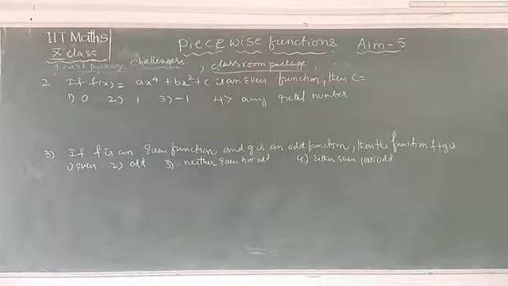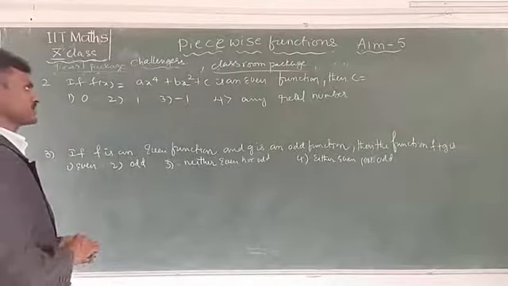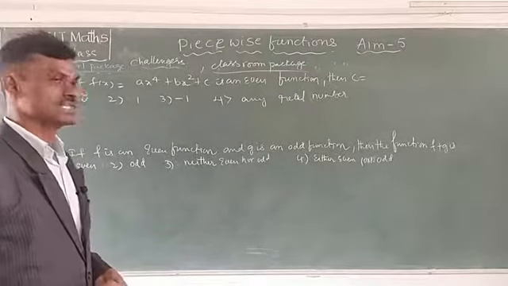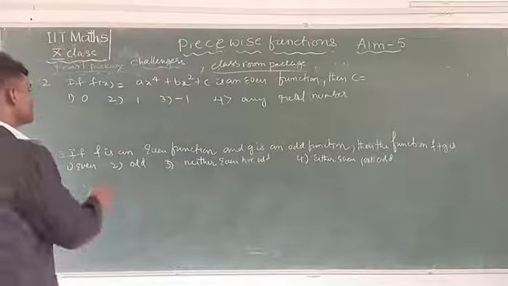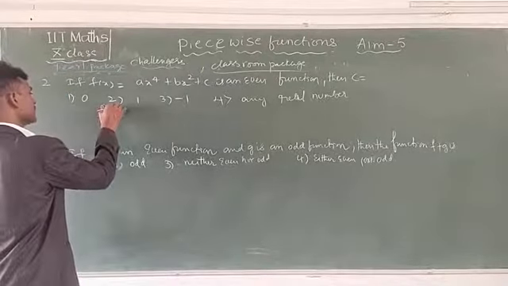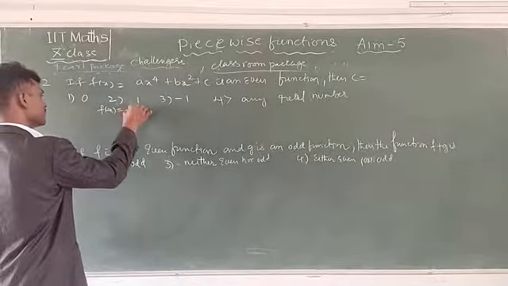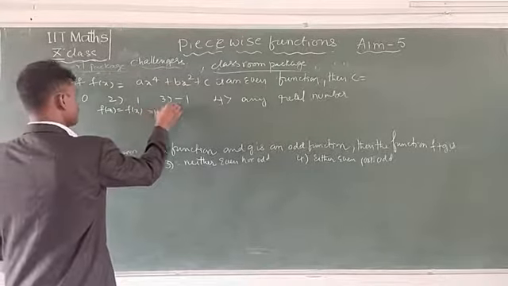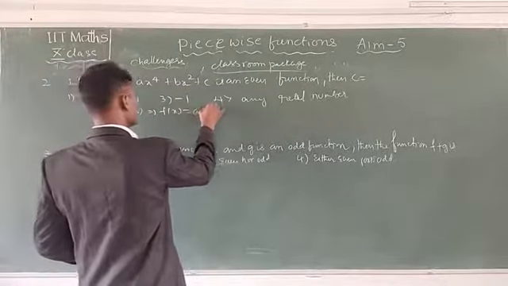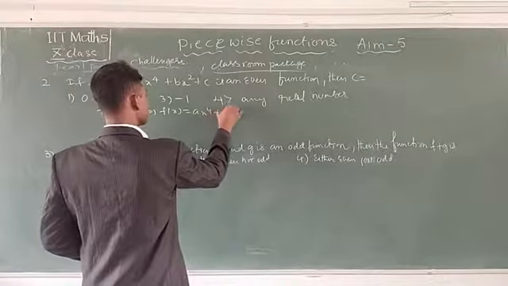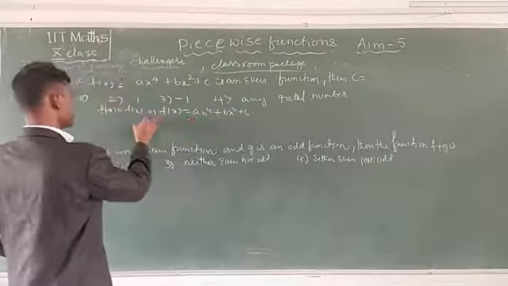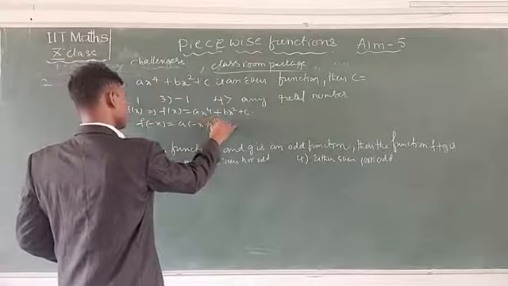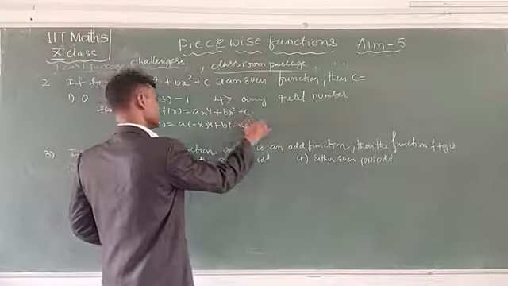Okay, next problem. If f of x is equal to a x to the power 4 plus b x square plus c is an even function, then see here. Even function means here f of minus x is equal to f of x only. This is correct or not, you have to check here. Here f of x is given as a x to the power 4 plus b x square plus c. Here you can substitute x instead of minus x. Here a into minus x power 4 plus b into minus x square plus c.